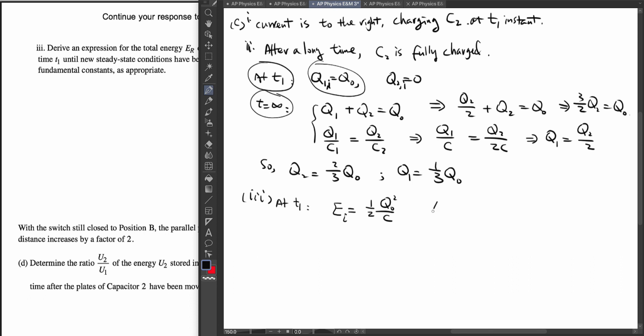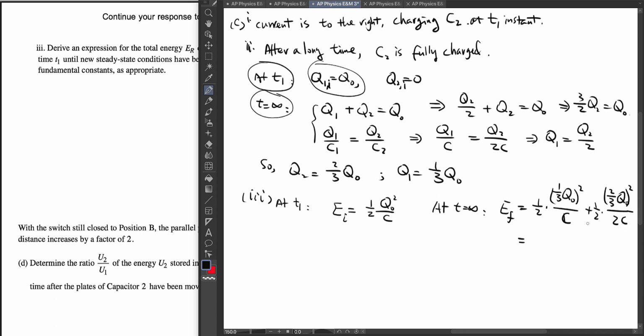Okay. Now at infinity, the final energy for the two capacitors is still 1/2. And then for capacitor 1, I now have 1/3 of Q. So let's plug in 1/3 of Q naught squared divided by C. And then plus 1/2 times 2/3 of Q naught squared divided by, now for capacitor 2, 2C.